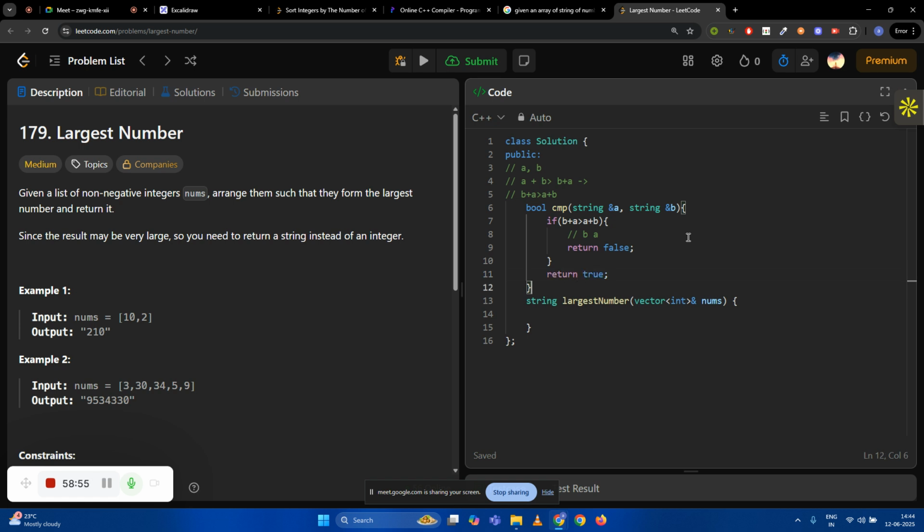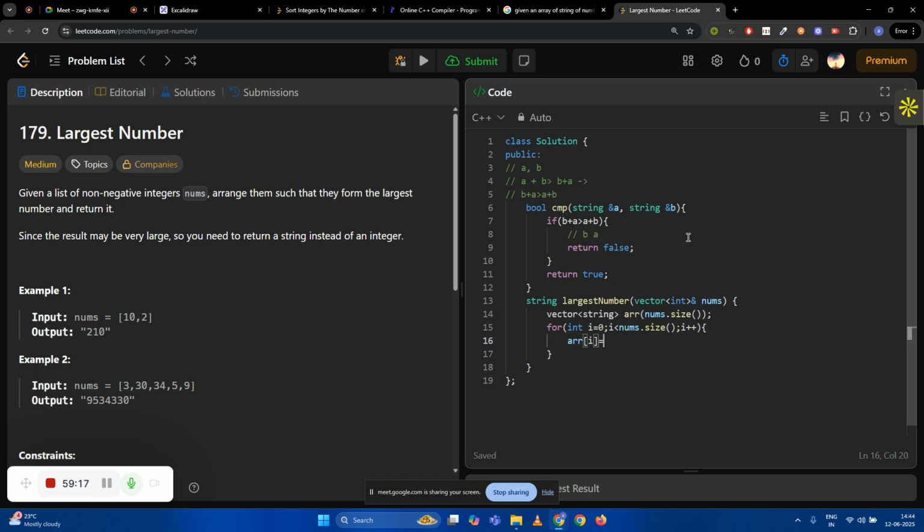Simple. Now I would create a vector of strings, array of size nums.size. Now I would go to all the numbers and convert them into strings.